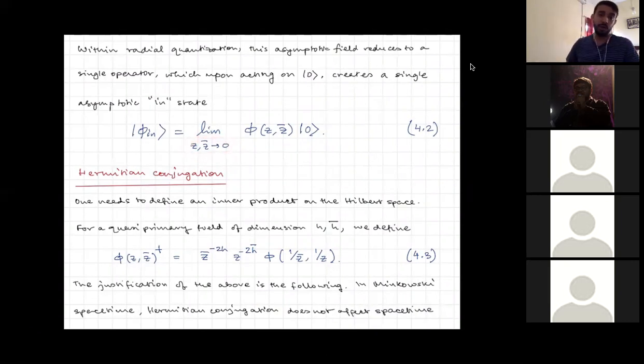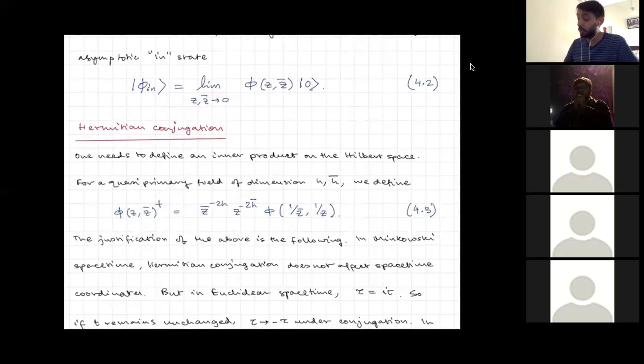That is going to be your asymptotic in state. Now you have defined an in state. You also want to define something like an out state, right? For this, you need to define what a Hermitian conjugate of this particular field is. So let's try and do that.